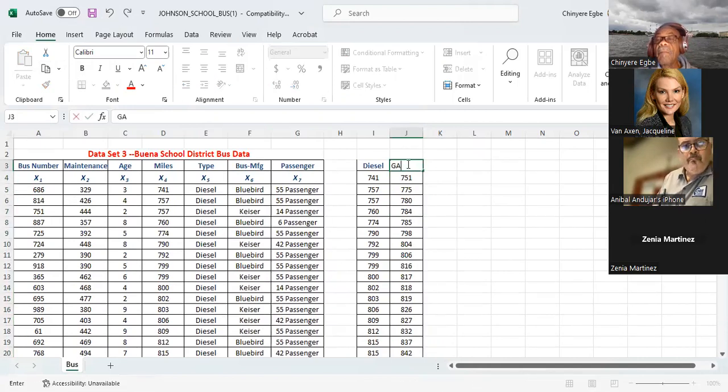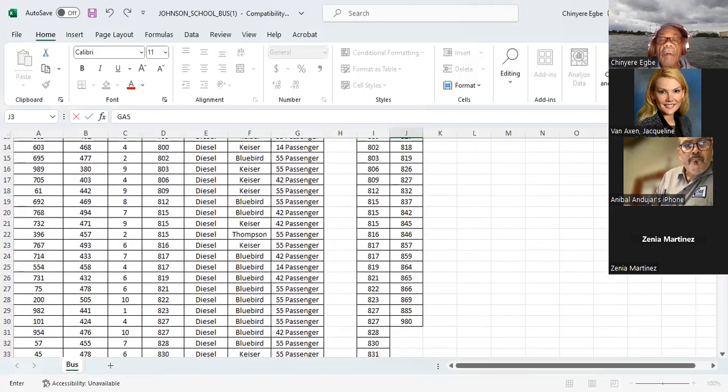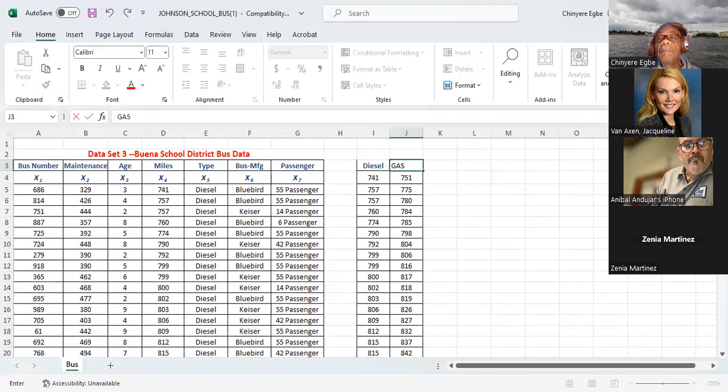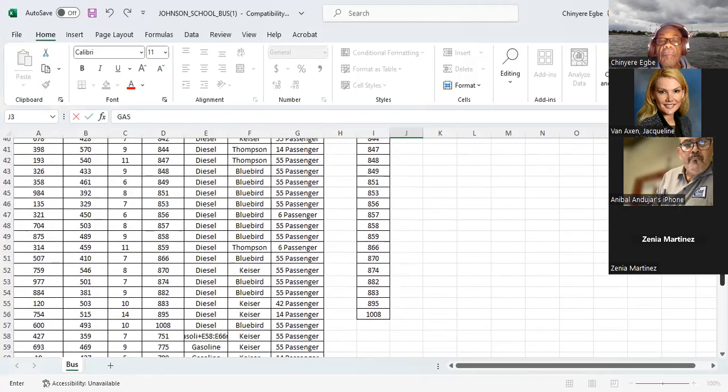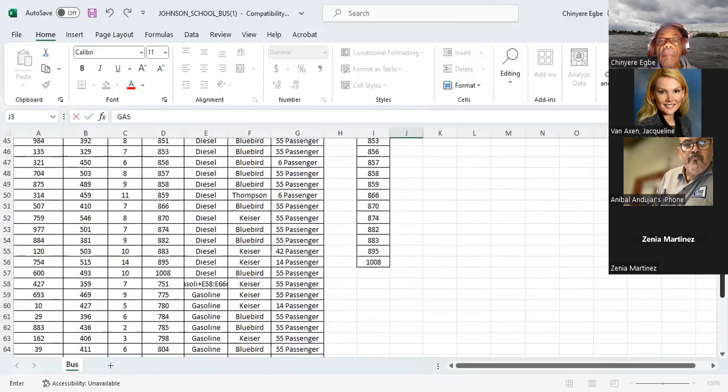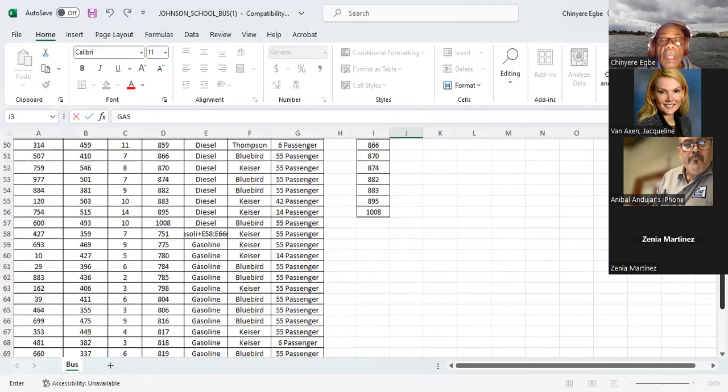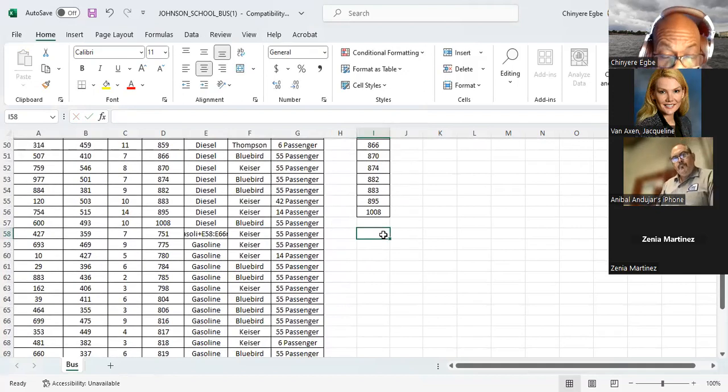Gas. All right. So we get the average. Like we said earlier, in order to calculate standard deviation, you need deviations from the average, deviations from the mean. So the first step is to calculate the mean.